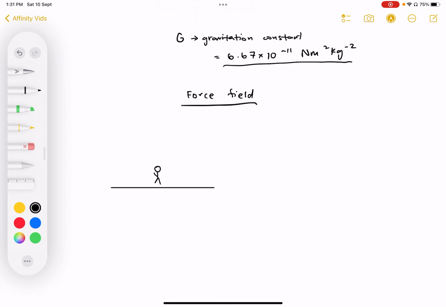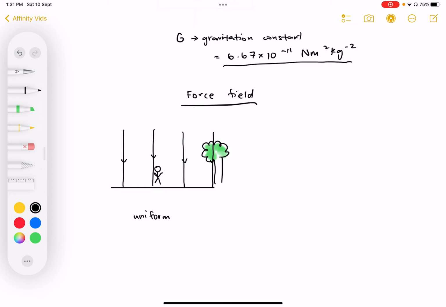Maybe we're jumping, I don't know. And we have a little tree here. This is basically us on Earth. The way that our field looks on Earth is uniform. We have a uniform field here, where basically our field lines are parallel and equally spaced between each other.